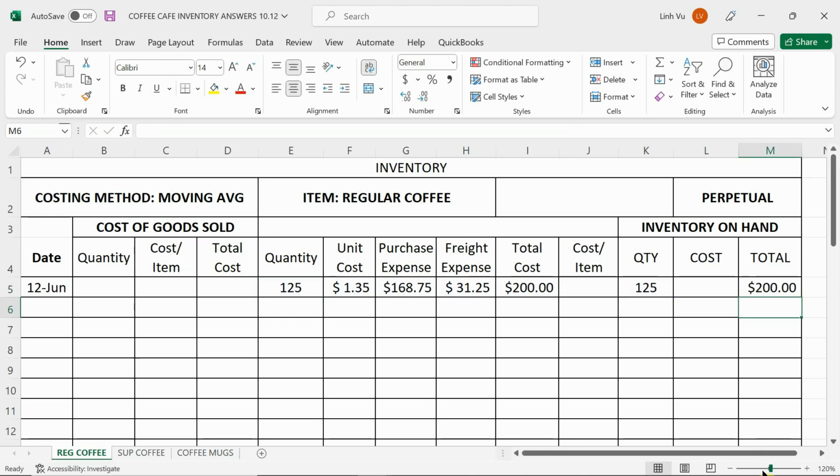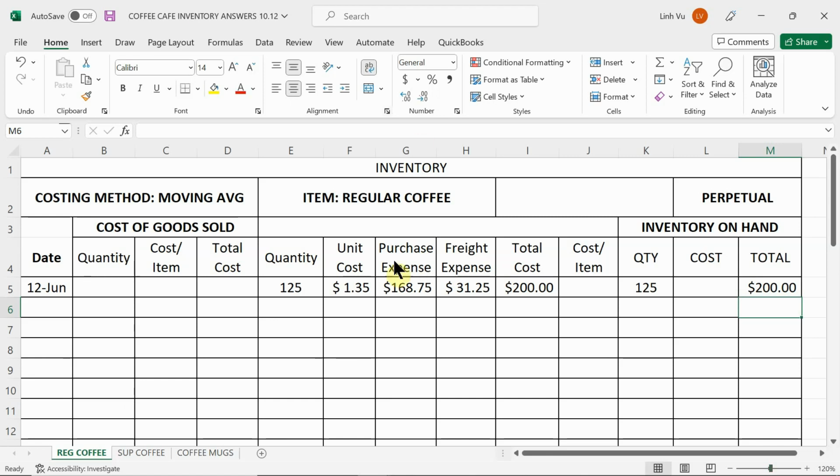We are constantly calculating my average cost per item for every single transaction we do, whether we purchase our inventory, whether we sold. Because what we're ultimately doing here is we're always constantly adding our total costs together and dividing it by our total quantity.